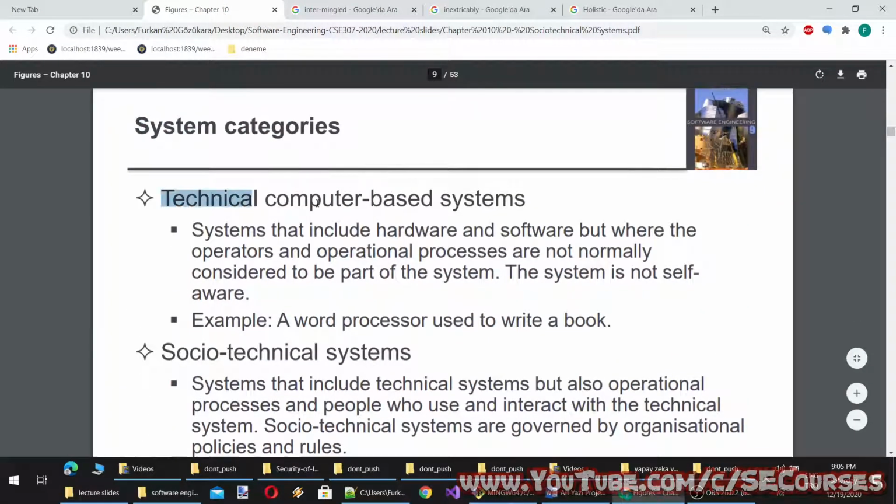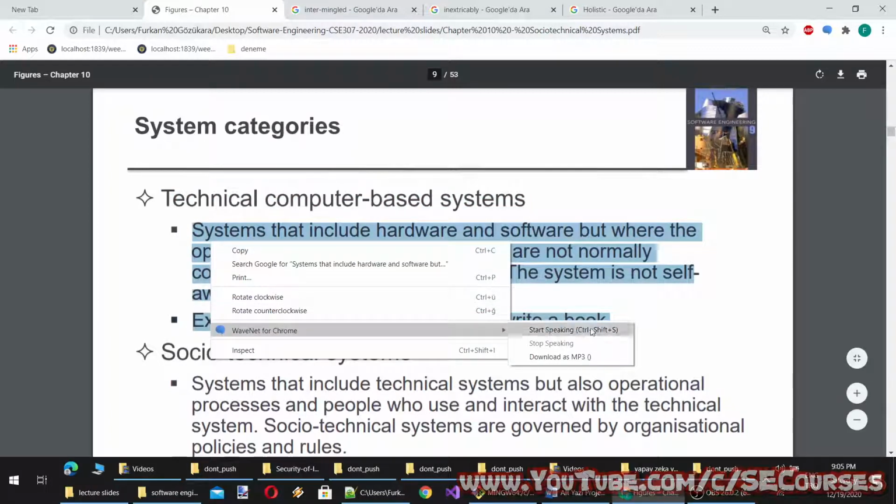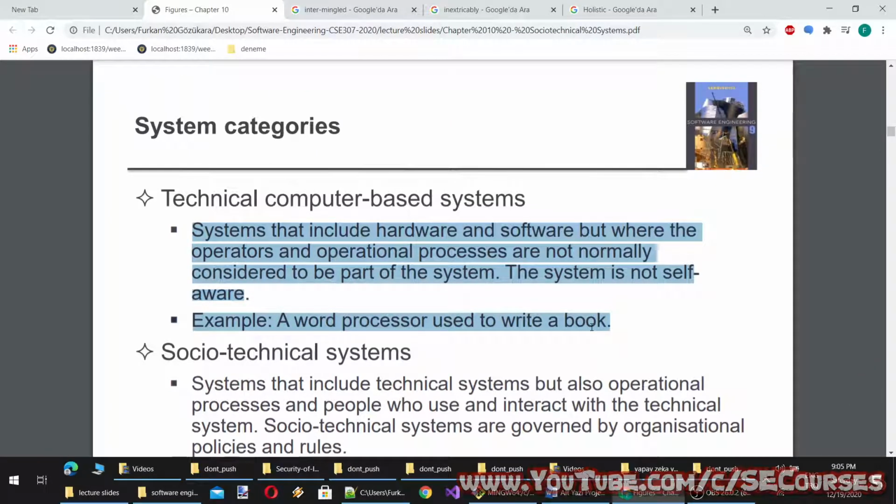System categories are technical computer-based systems: systems that include hardware and software but where the operators and operational processes are not normally considered to be part of the system. The system is not self-aware. Example, a word processor used to write a book.